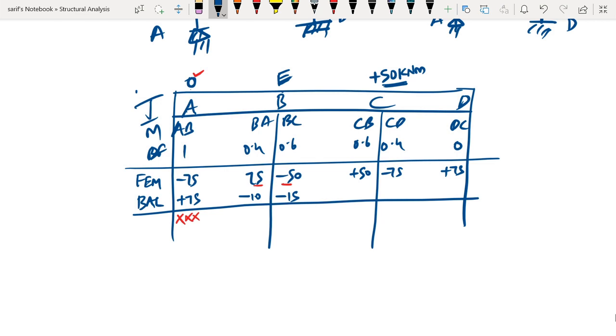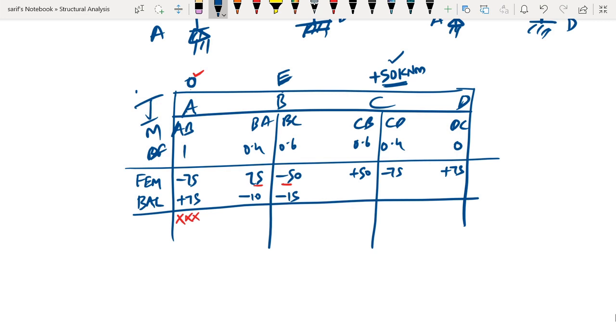When we come to joint C, we have 50 minus 25 minus 75, so the net unbalanced moment is minus 25, and what we require is a net moment of plus 50 acting at joint C. So we will add a plus 75 here, and that plus 75 has to be distributed among the members in the ratio as shown.